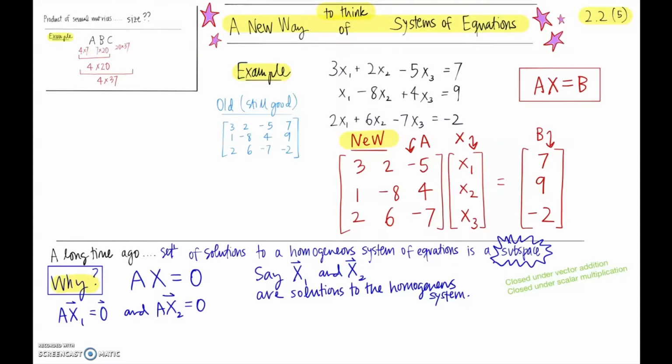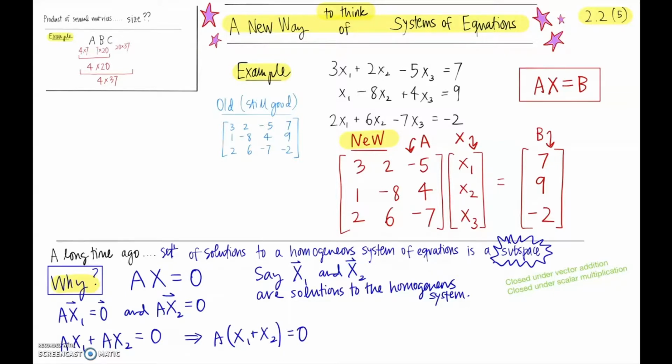And now, knowing what we know about properties of matrix algebra, matrix addition, matrix multiplication, we could say that A x1 plus A x2 would also equal 0. And that leads to, using the distributive property that we know we have with matrices, we could say that this is true.